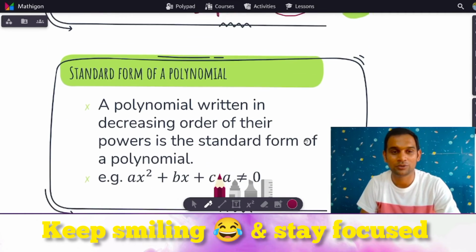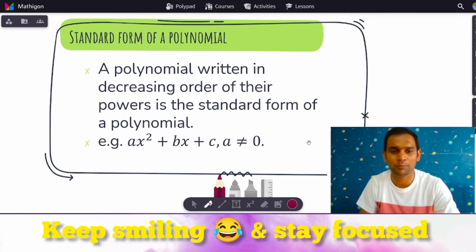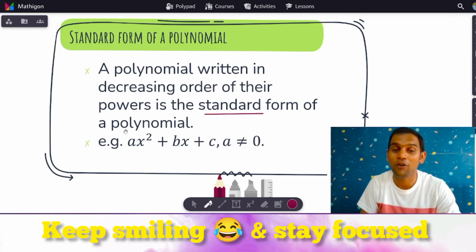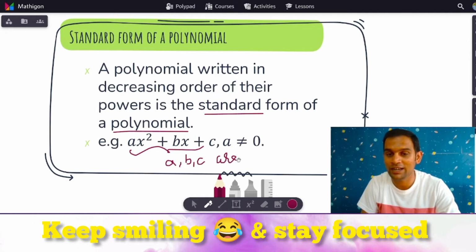Let's get going to the next concept, that is the standard form of a polynomial. How do we represent a polynomial? A polynomial written in decreasing order of its powers is the standard form of a polynomial. For example, ax square plus bx plus c, where a is not equal to 0 and a, b, c are constants.